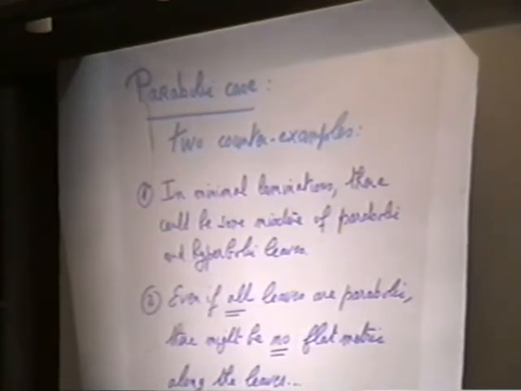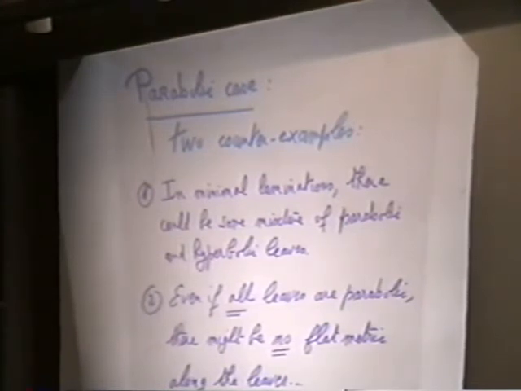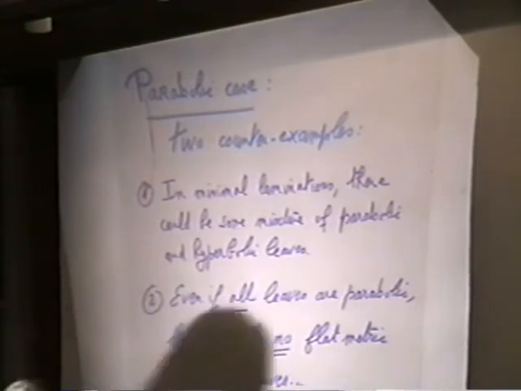And the second counterexample I want to show you is an example where all leaves are parabolic. So there is no mixture, but it is not possible to find any flat metric along the leaves. So this is the program.